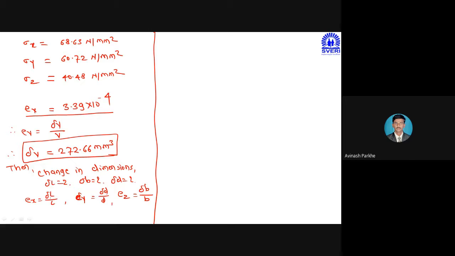But to calculate delta L, first we have to calculate epsilon X, epsilon Y, and epsilon Z.